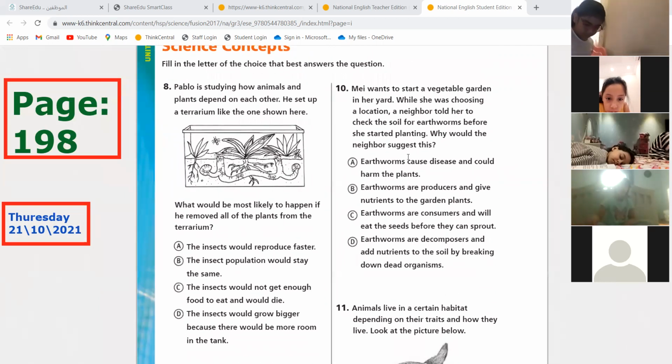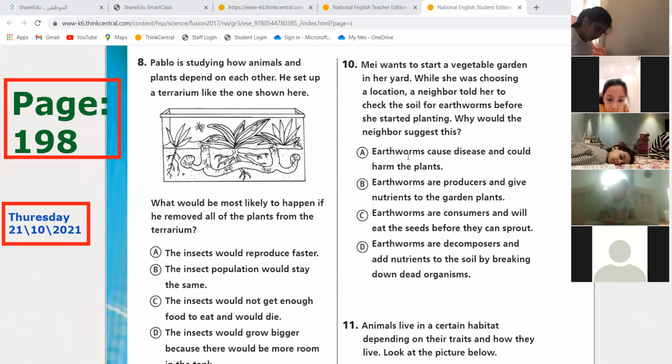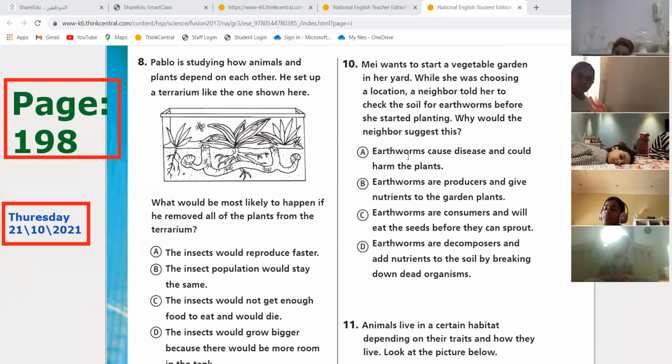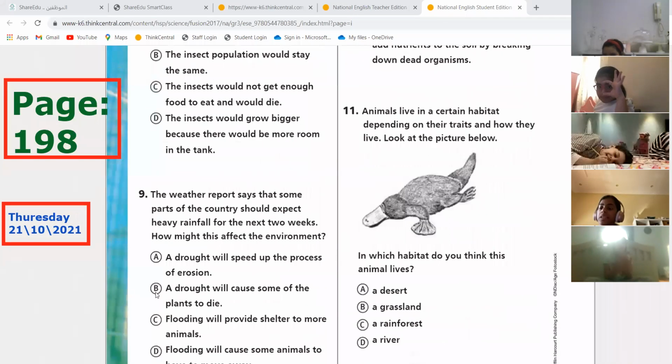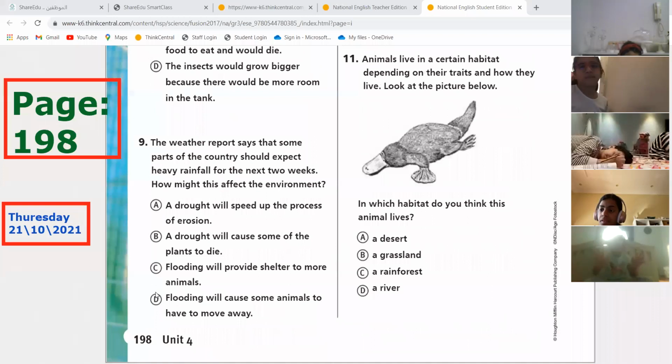Habibi, were you there with us? Yes, I was with you, Miss. Number 10 is D. And number 8 is C. I did number 8. Okay. Now, yalla ya Munya, can you do number 9, please? Yes.